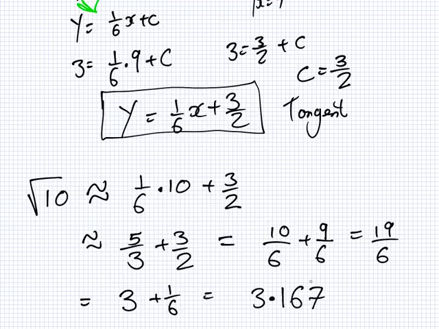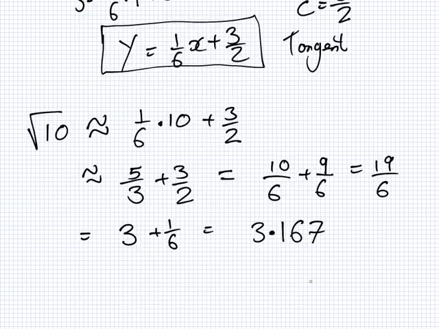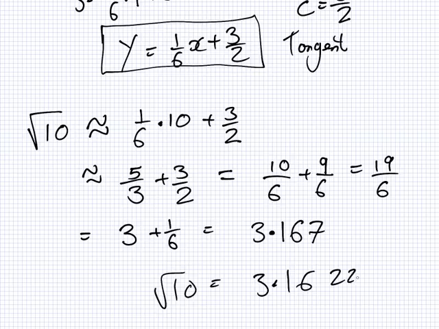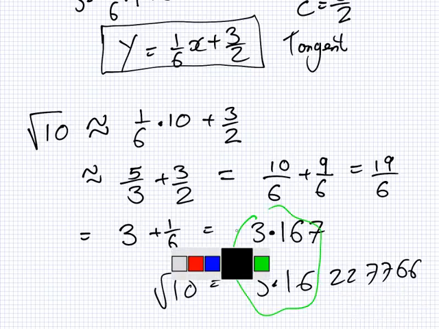Before people had calculators, this is really good because the true value is, let me check here, root 10 equals 3.16227766. So this is really good.